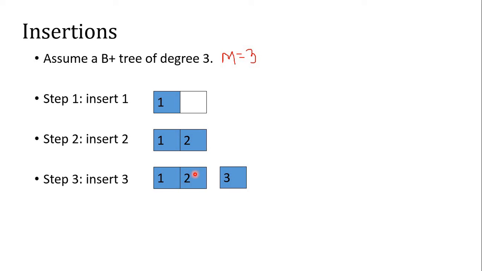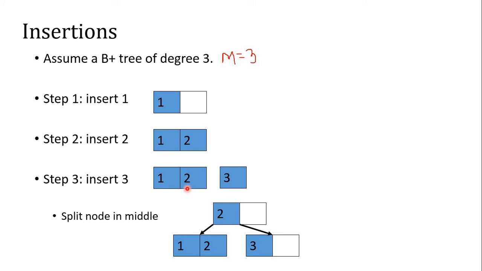So 2 will be split and promoted as a root node, but we will keep 2 also in the leaf node because it is also data. So 2 is split and promoted to the root node, or markup node. There are 2 levels of node already created.